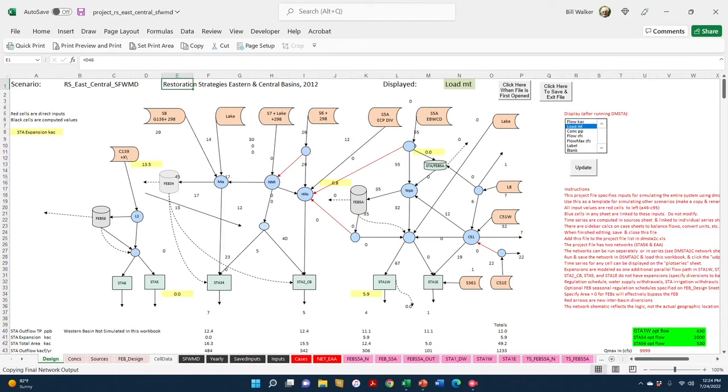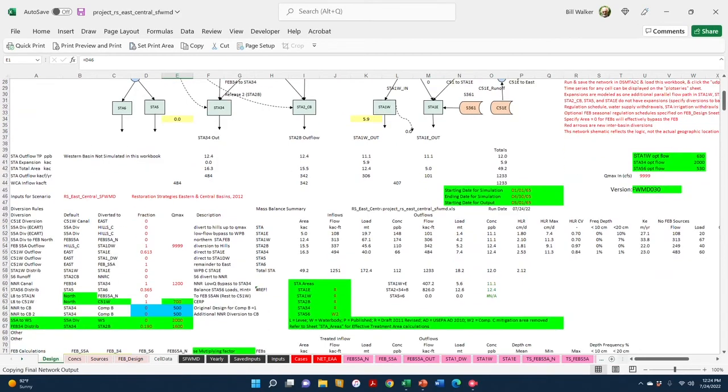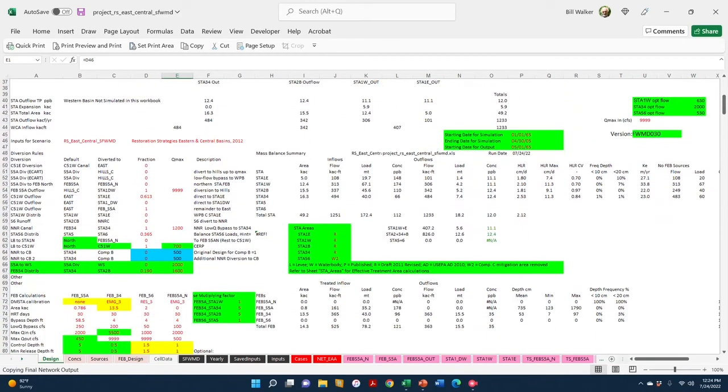Since that's already been done in this case, this screen lets you look at different parameters in the flow network, concentration, and so forth. And just for reference purposes, there's a label, and these show how the accounting in this spreadsheet works in terms of showing the flows and loads.